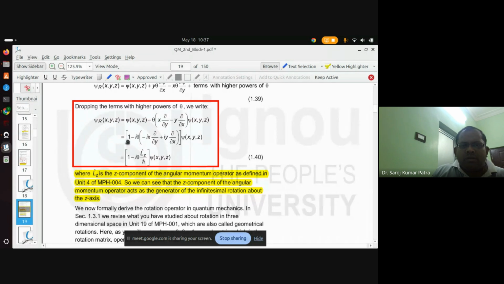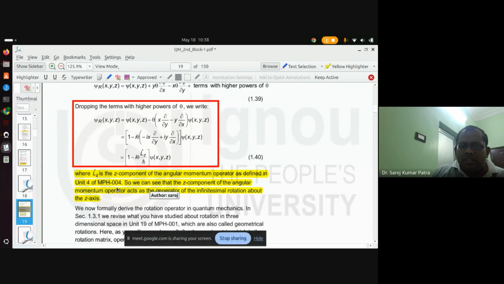So it becomes 1 minus i theta into minus i x del psi by del y plus i y del psi by del x. So this operator, minus i x del by del y plus i y del by del x, is called Lz, the z component of the angular momentum operator.